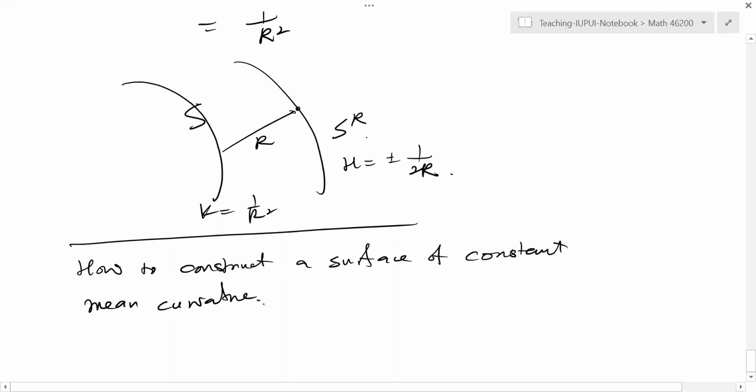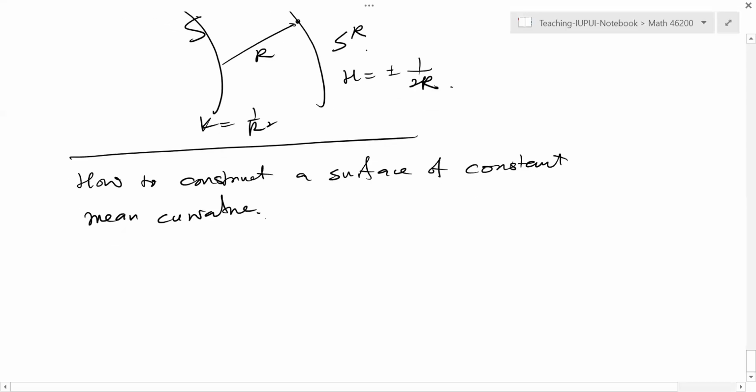In the last class, we used a surface resolution to find the equation so we can get a surface of constant Gauss curvature. And we use the same idea to construct it, right?